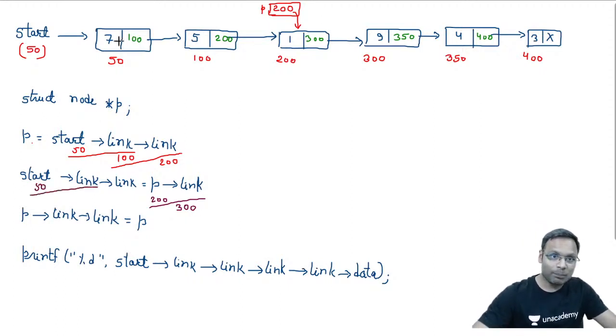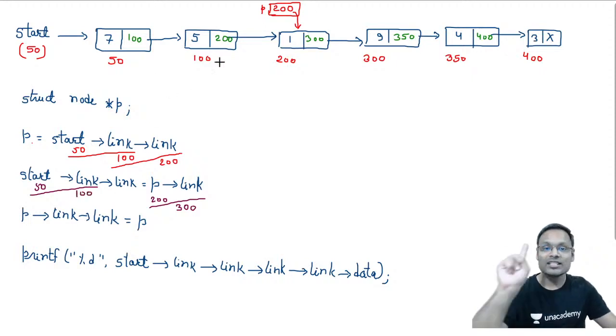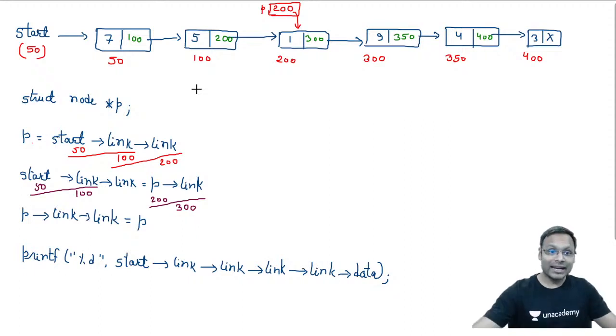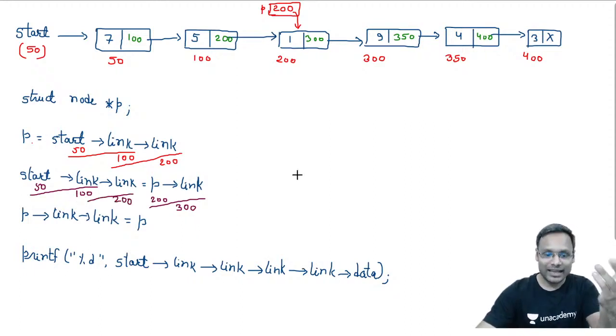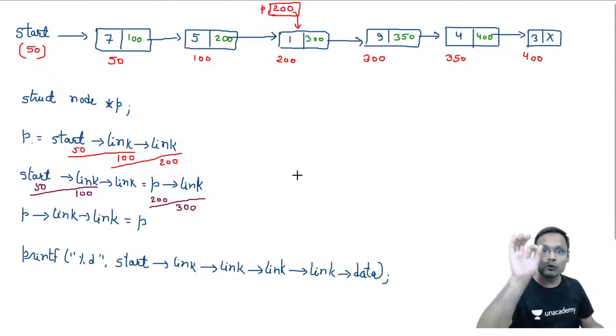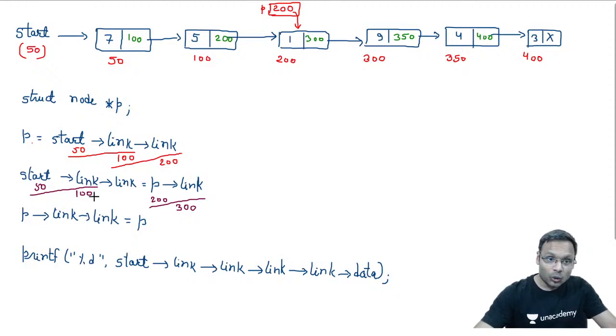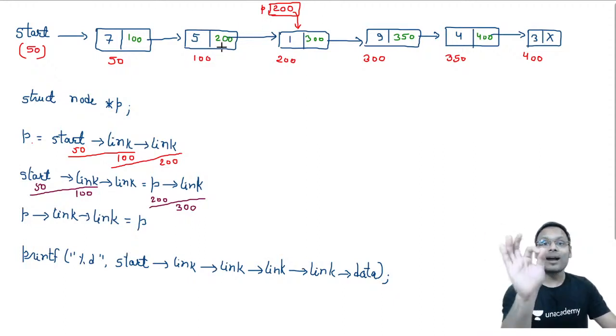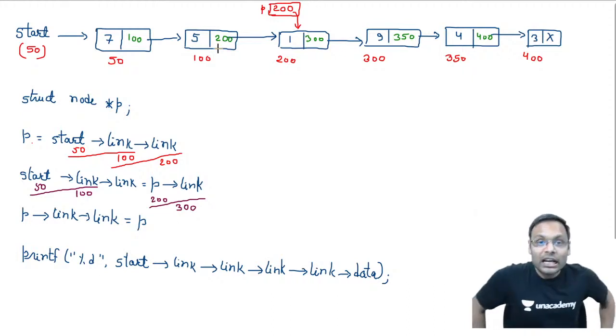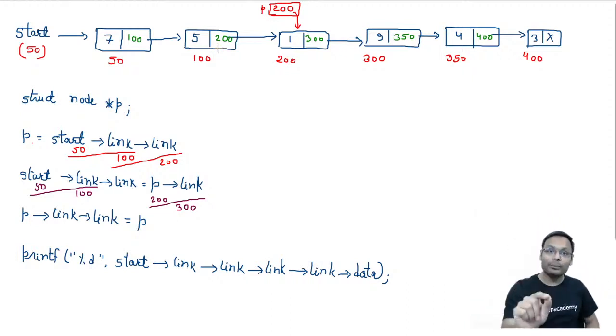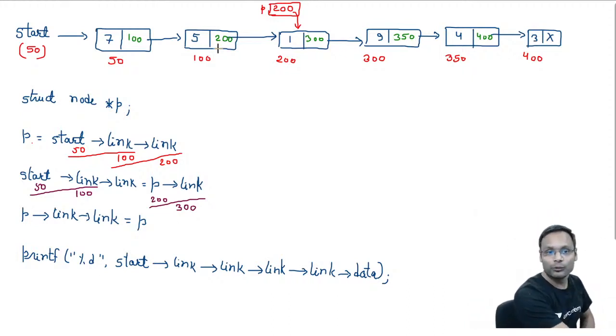Its link part, 50's link part is 100 and the node 100's link part. Now listen, I cannot write here is 200. तो लोकेशन कैसे मिलेगी? How can I get the location? I'll have to stop now. The node 100 address node, this one, its link part I'll have to update, whatever the previous value we had.